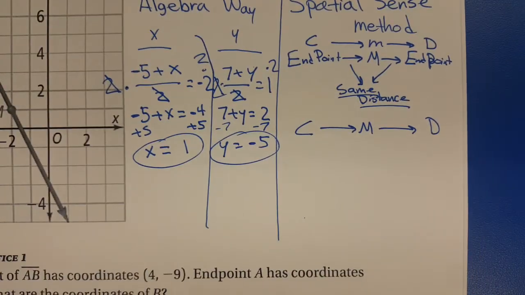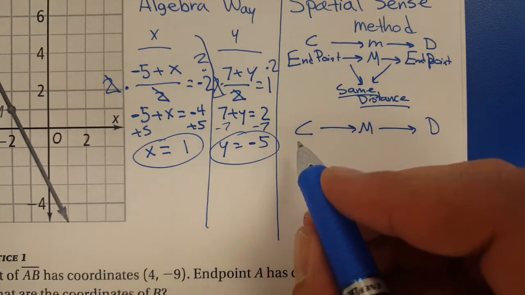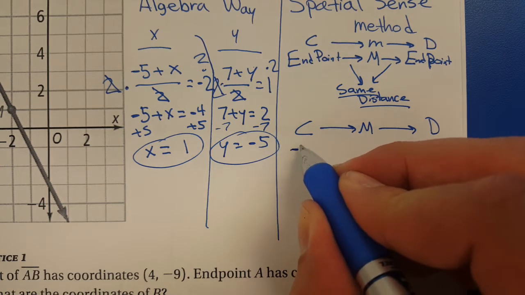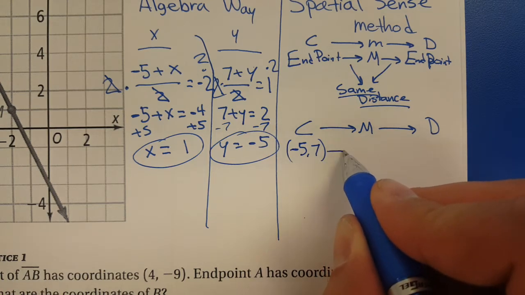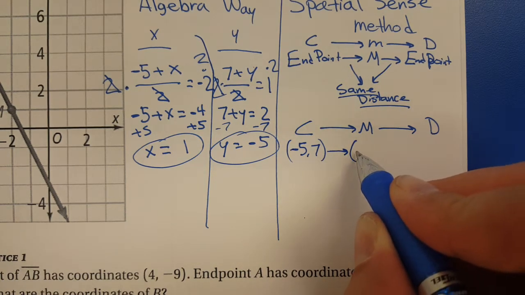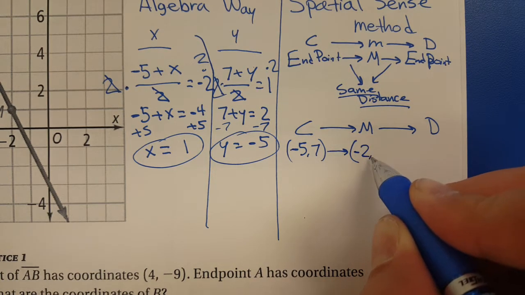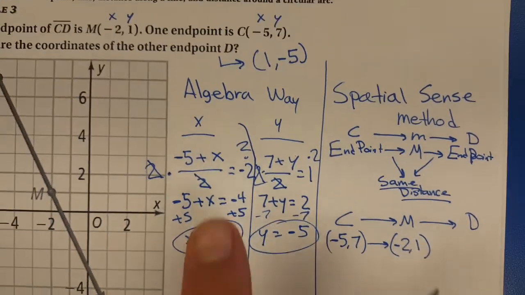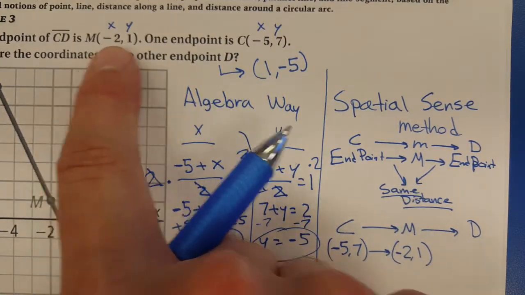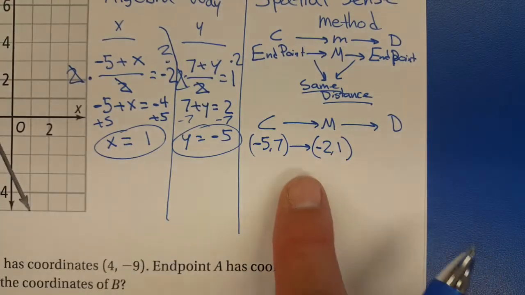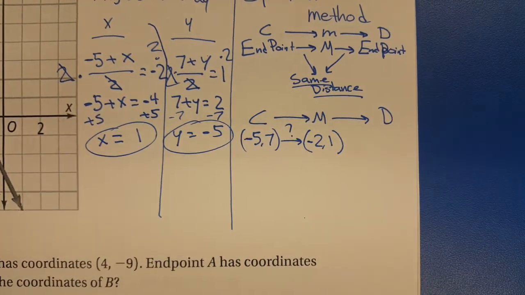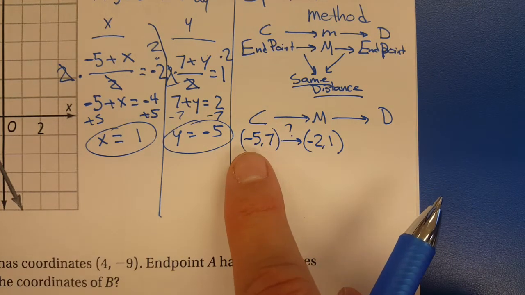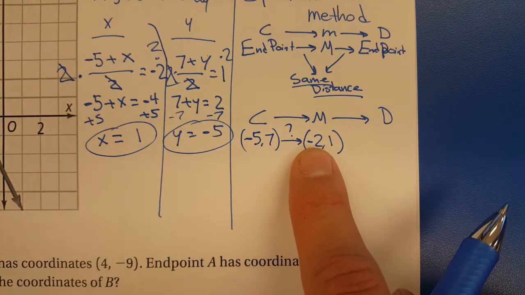So here's how you do it with spatial sense. The coordinate point C was at negative 5 and 7. Then it went to this midpoint at negative 2 and 1. So you started here and then you moved here. Now what happened here? That's what we're trying to figure out. Well, it looks like the x coordinates went from negative 5 to negative 2.